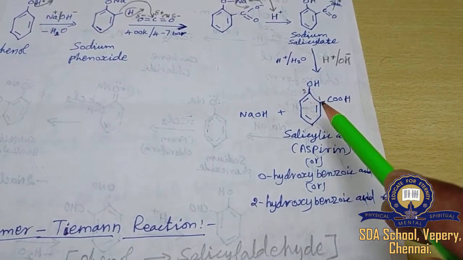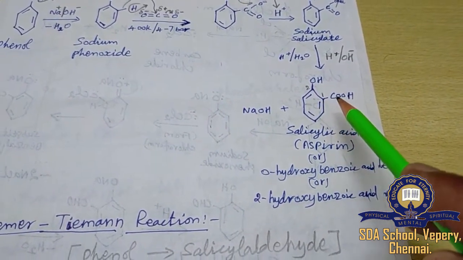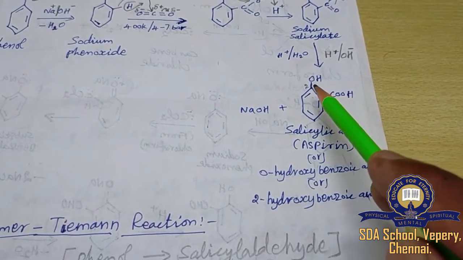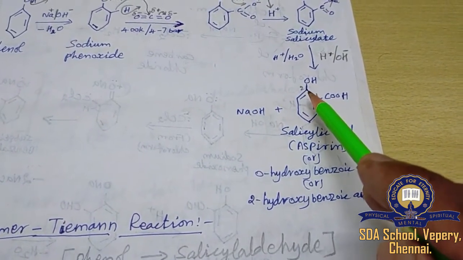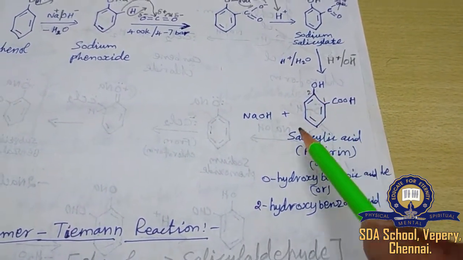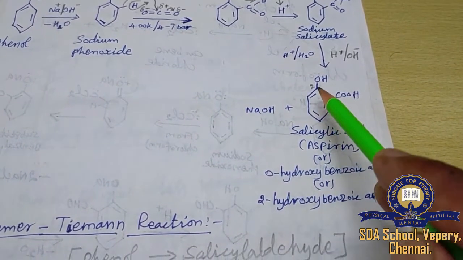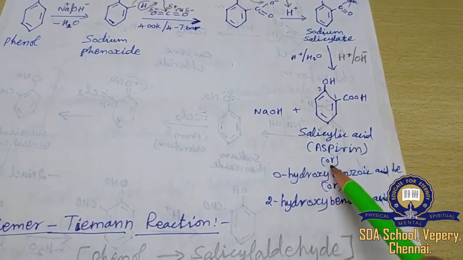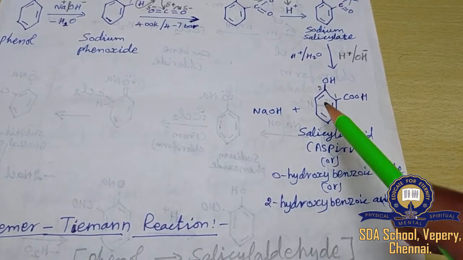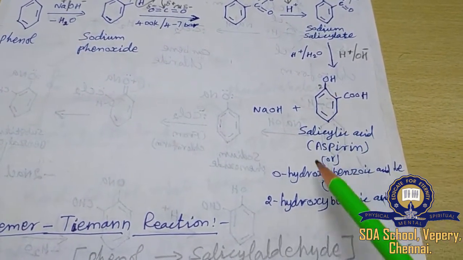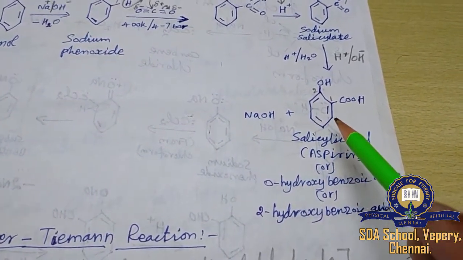So with respect to the carbon having the carboxylic acid group, this is referred to as the ortho position, or position number 2. So ortho-hydroxy, at the ortho position the OH group is there. So ortho-hydroxybenzoic acid, or at position 2, 2-hydroxybenzoic acid. Clear?